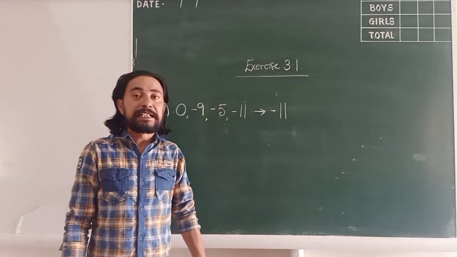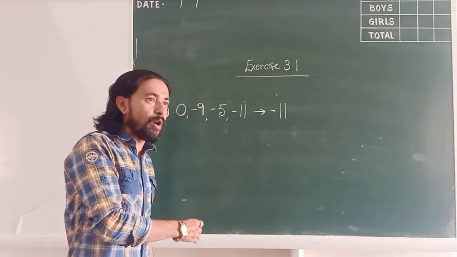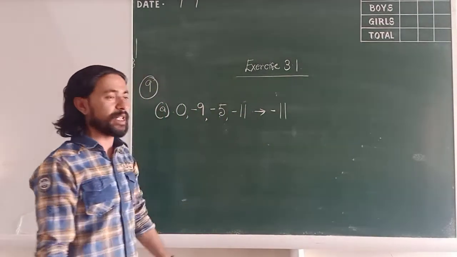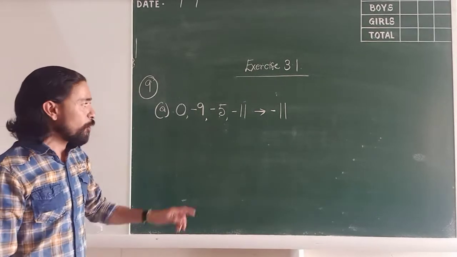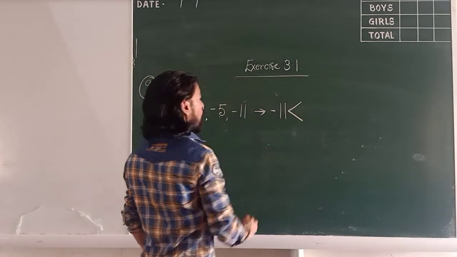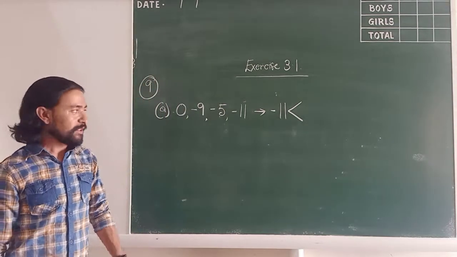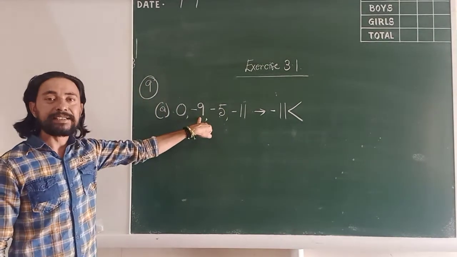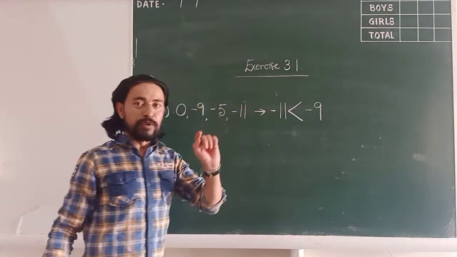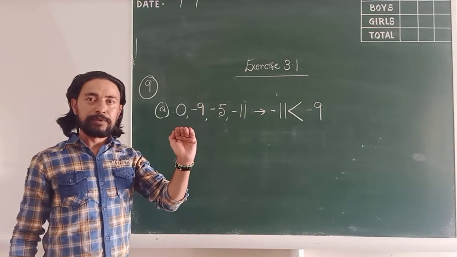I have to write in increasing order, that is from smallest to biggest. So I will write the first smallest number, that is minus 11. Now minus 11 is smaller. What is greater than minus 11? Next number, minus 9. Smaller number, greater value.